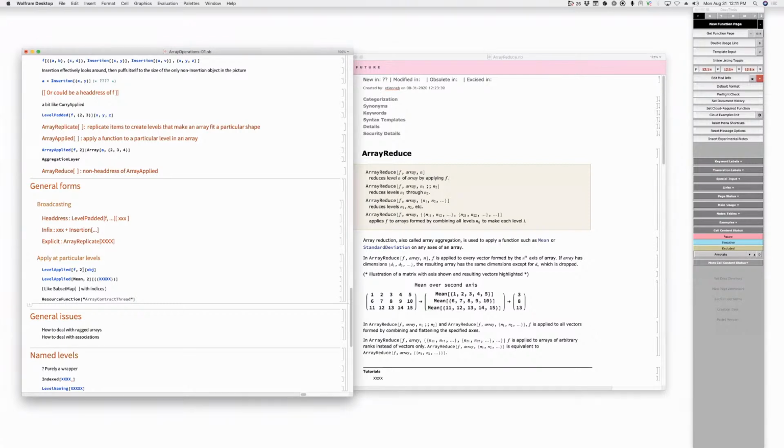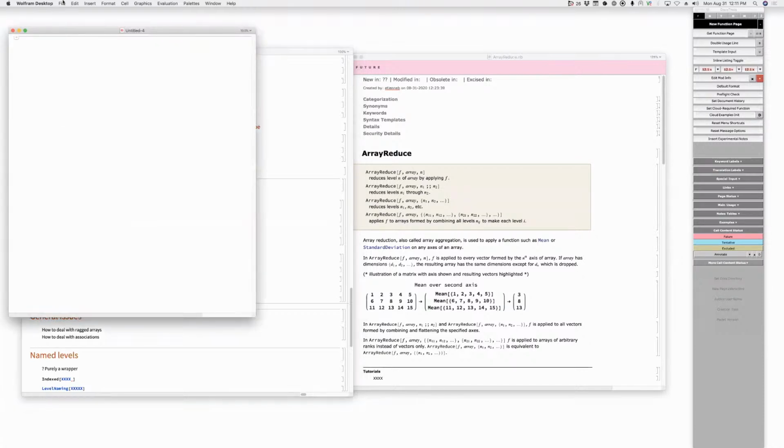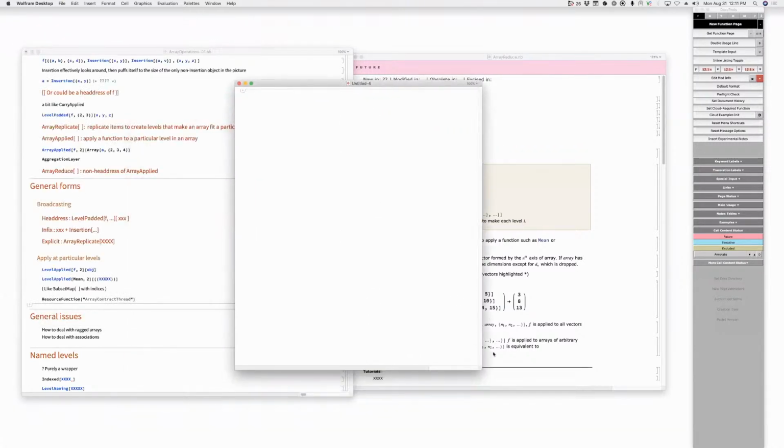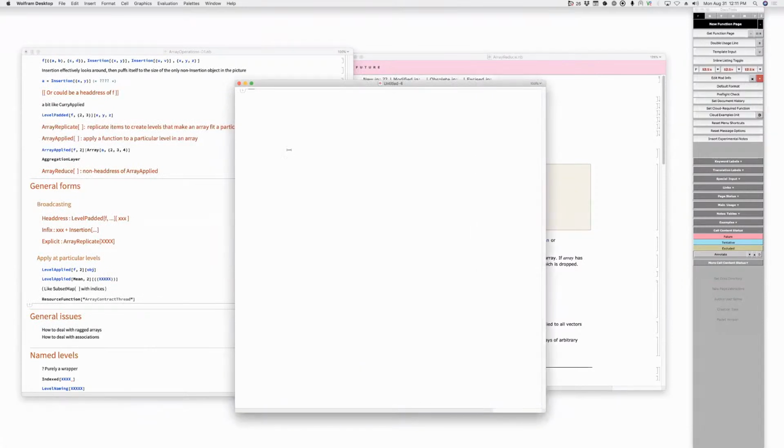Because it is doing things like column application in an array. Well, I think level specs don't get you columns really. Then maybe level applied isn't right, but let's take a look here.